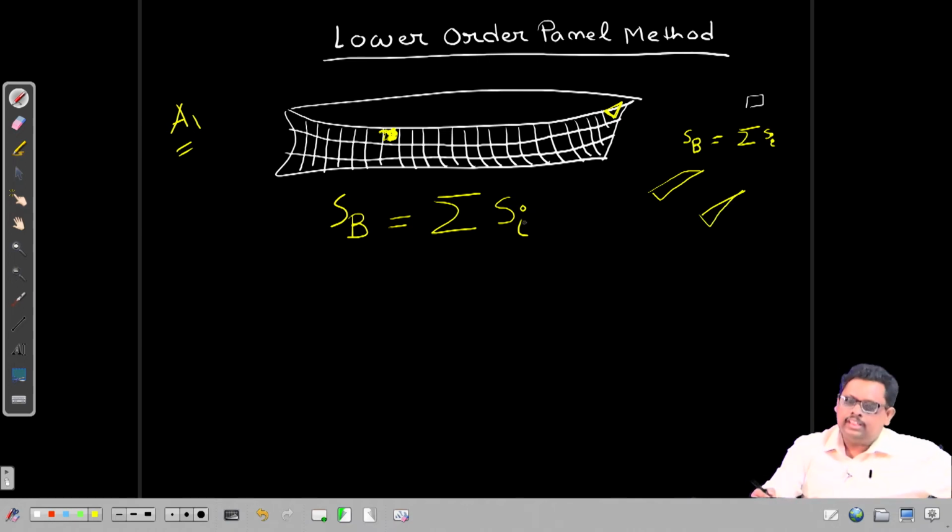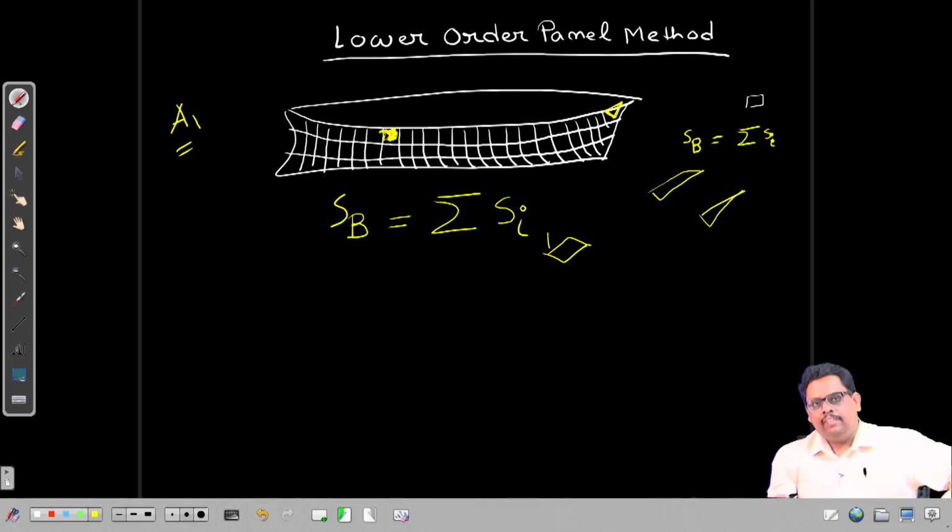Therefore, this S I should be a combination of quadrilaterals, not any type of course, we have to take care of many aspects that we are going to discuss in coming days, or it could be some kind of triangular. Unlike CFD, where normally they can do some hexagonal mesh also, here normally we do not do that. We either go with the quadrilateral or we go with the triangle.